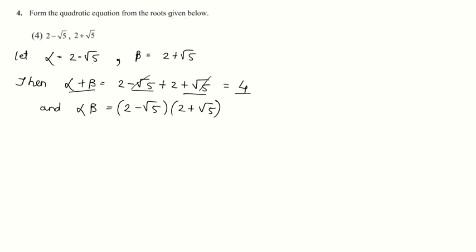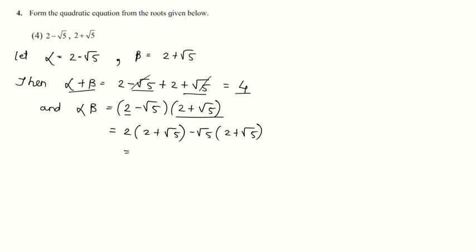How will we write alpha into beta? That is, alpha is 2 minus root 5 into beta is 2 plus root 5. If you remember the formula of a minus b into a plus b, we can write it in the same form. Instead, I will just solve and guide you further. So this 2 multiplied by the next bracket, 2 plus root 5, close the bracket, minus root 5 into this bracket again, 2 plus root 5.